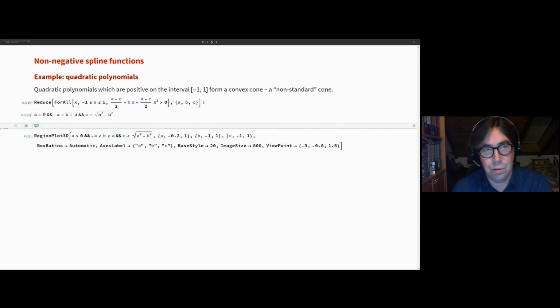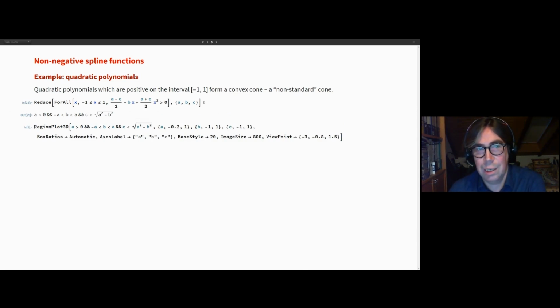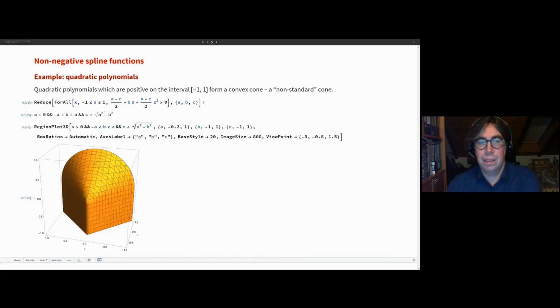So in the degree 2 case, the term is easy enough. For degree 3, it wouldn't actually work anymore. And if you visualize that, you see that you do get a convex cone with tip at 0 here, but it's not a standard cone.